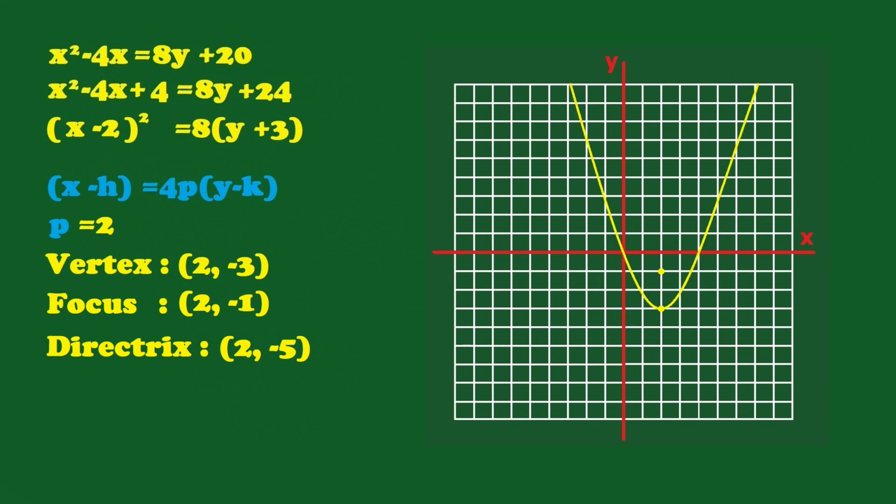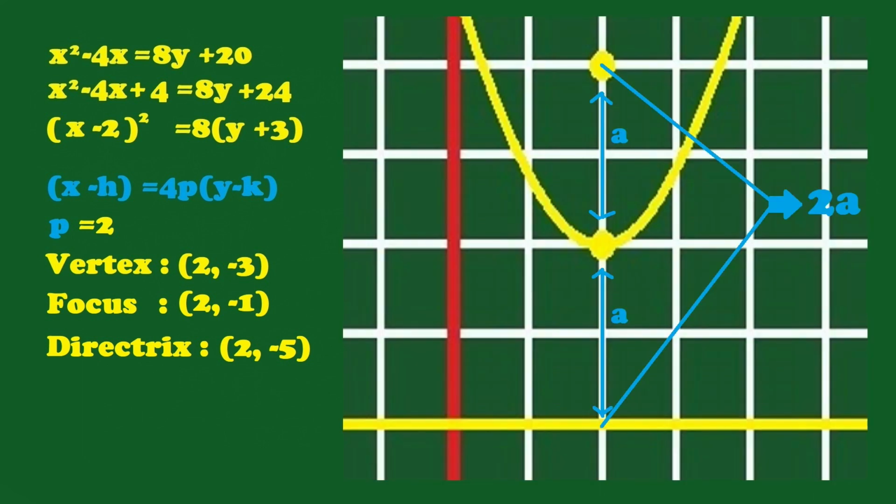Since the focus is always inside the parabola, we can at least see that it opens upward. We are not yet sure of the width of the parabola, but let us work on that later. The directrix is a line, and we have marked a dot on its coordinate. Now we have drawn a line from the coordinate of the directrix.